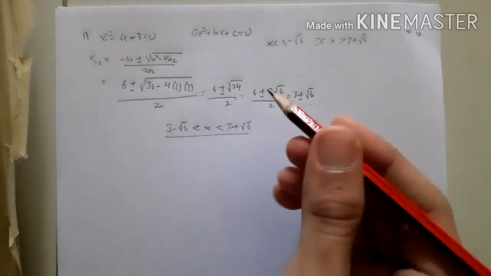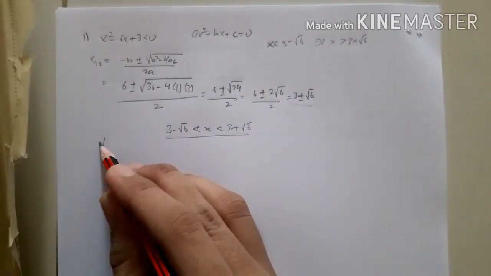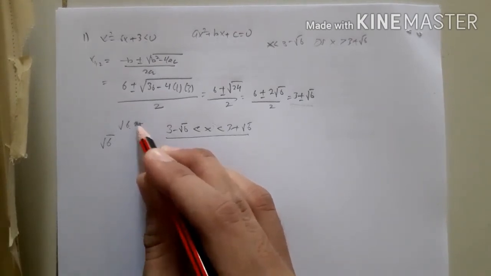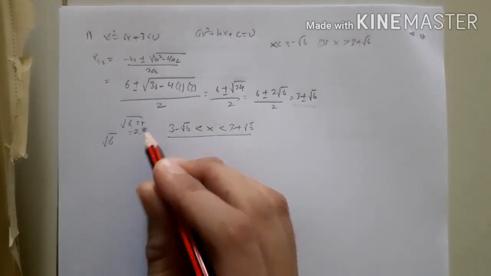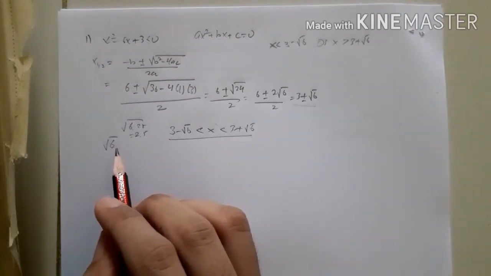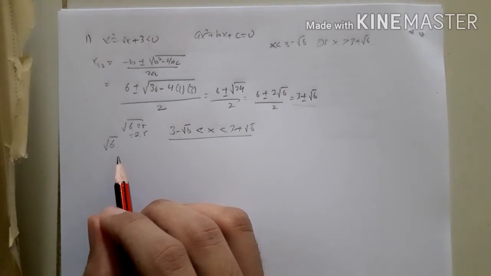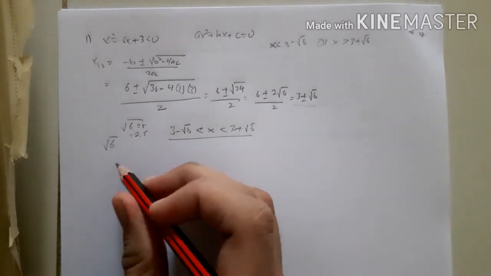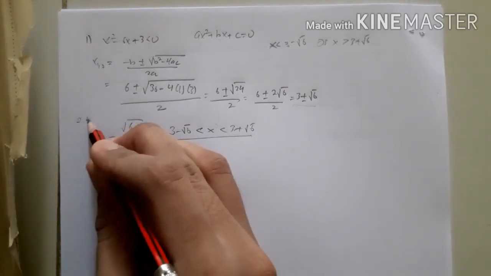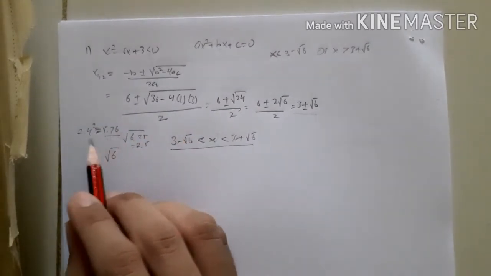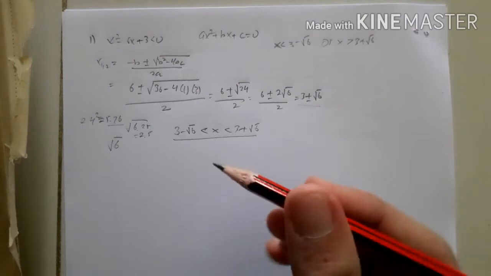Now you can just estimate what root 6 is. You know that root 6.25 is 2.5, so this is about 2.4. 2.4 squared is 5.76, right? So maybe it is 2.45.